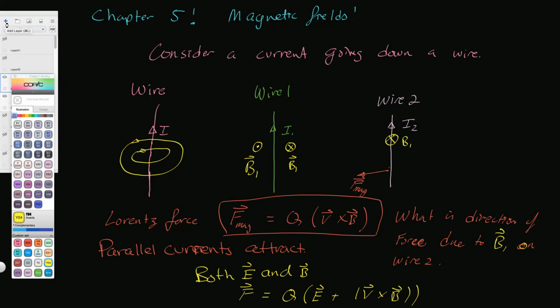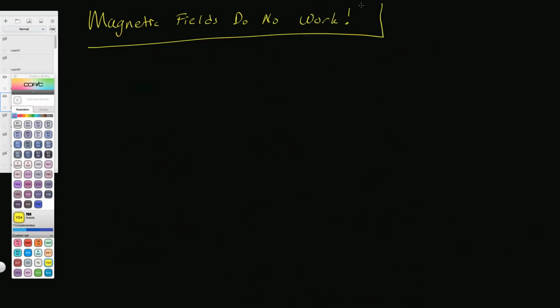Okay, so magnetic fields do no work. Very important property of them. They cannot do work. All right, well, let's think about it.